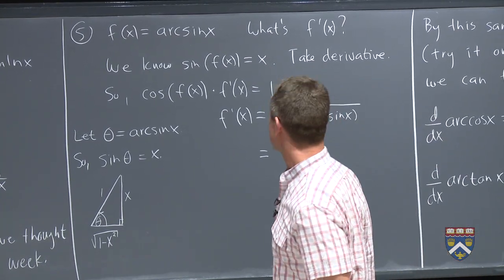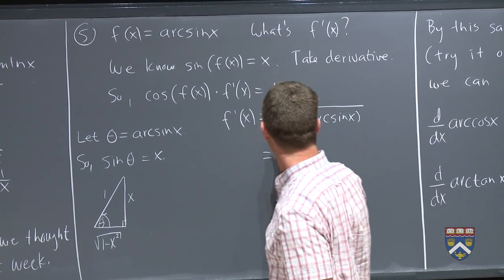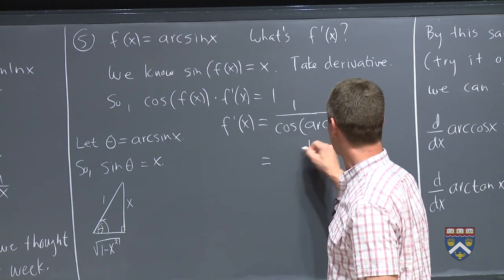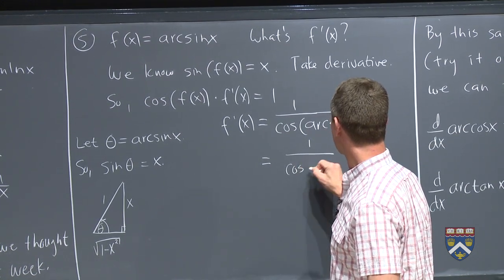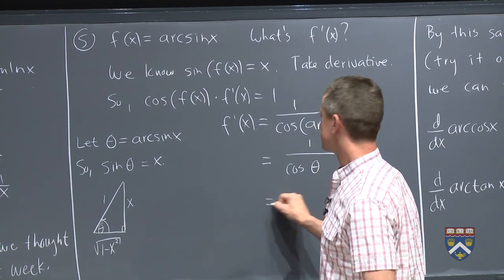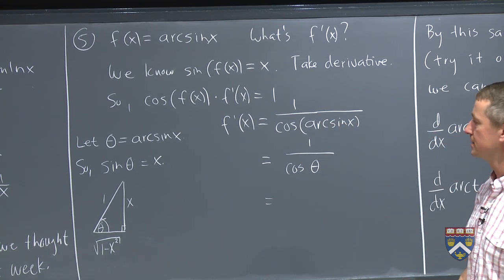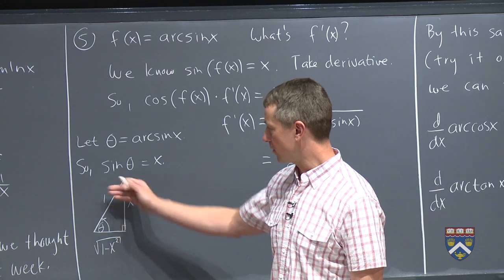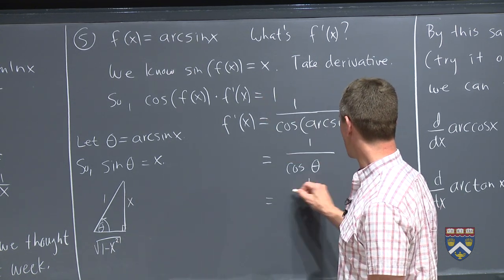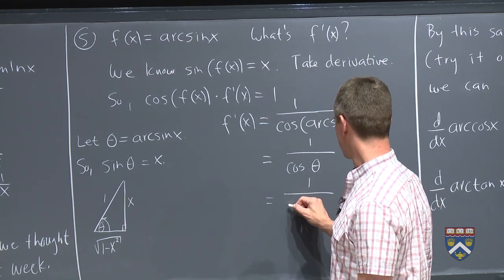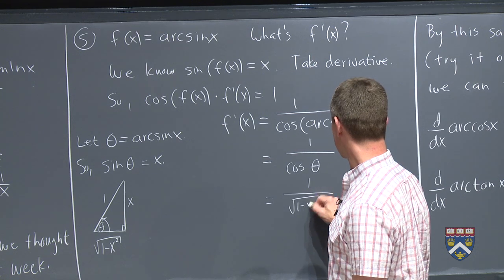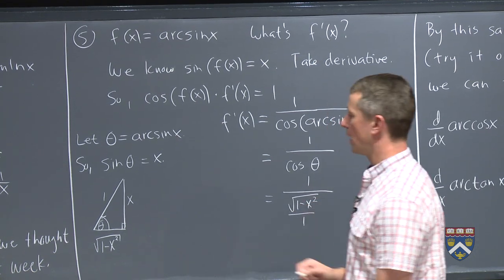So what do we want? We want the cosine of arc sine of x. So we're looking for the cosine of theta. Cosine is what over what on a triangle? Cosine is adjacent over hypotenuse. So this is square root of 1 minus x squared over 1.